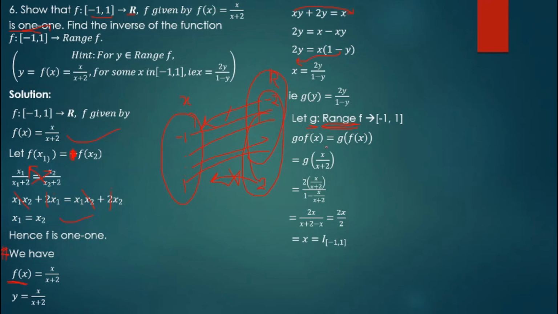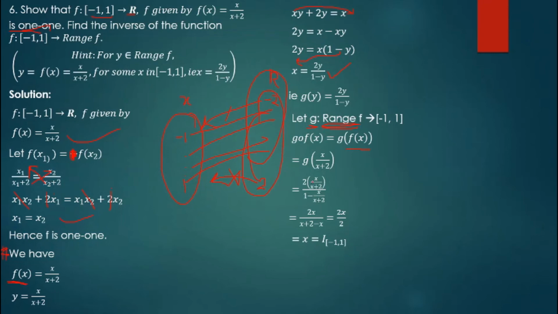gof of x is equal to, we know that we have to find gof. So gof of x is equal to g of f of x equal to g of x by x plus 2, and in order to explain to you why we have taken this term. Okay, next, here we are going to substitute this expression.